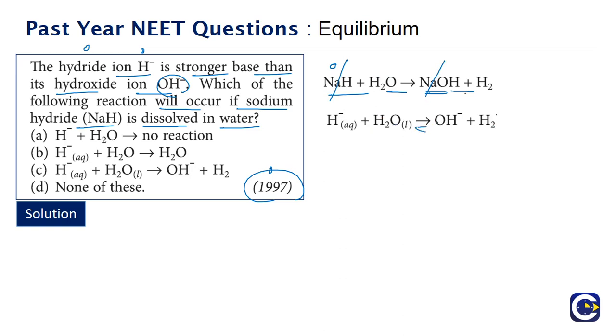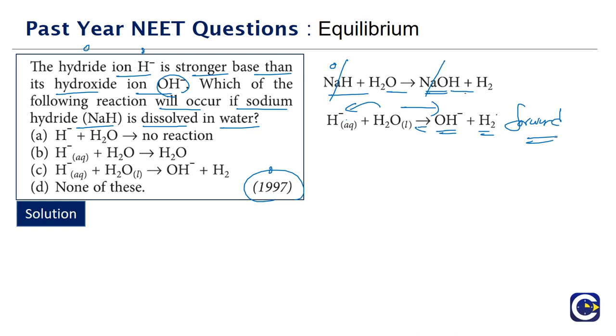If you look at this like an equilibrium, what are we seeing? We are seeing that the H- is able to take a proton from the water, and it forms the OH- and H2. The happening of the reaction in the forward direction is an indication that H- is a stronger base than OH-.